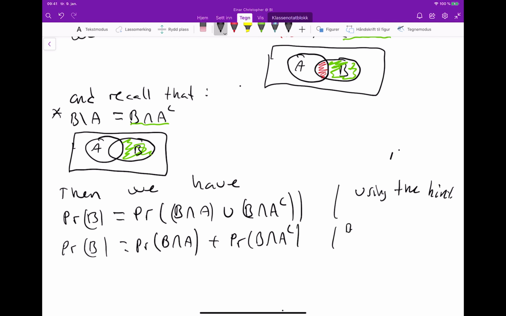Why? Because B and A and B and A complement are disjoint. So this is because of III.